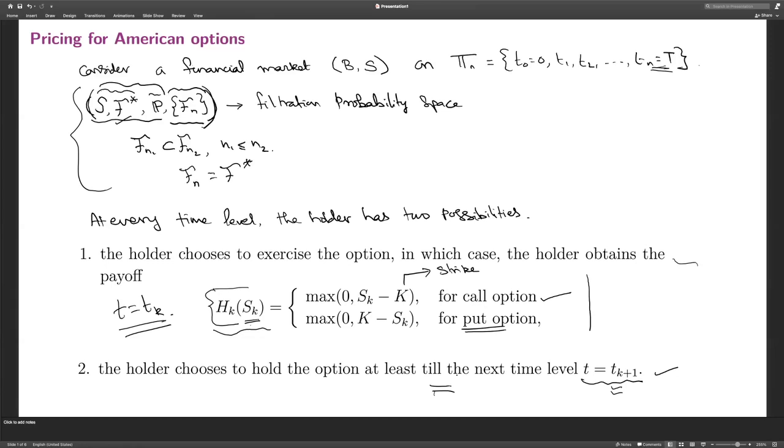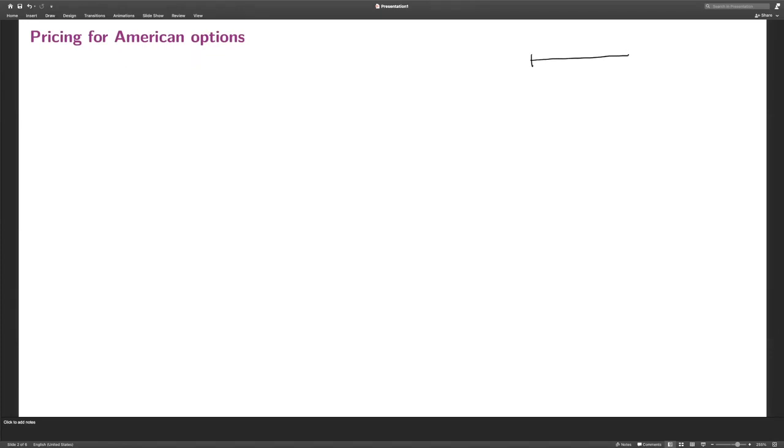The same idea we can follow here also. So at time t equal to Tk, the holder did not exercise, therefore it is carried over to Tk plus 1. So assume that you know the value of the option at the time Tk plus 1. Remember, this can be a payoff if it is at the expiration. Otherwise, we have a way to get this hedge by using the replicative and the self-financing strategies.